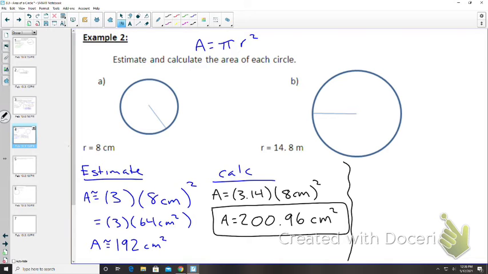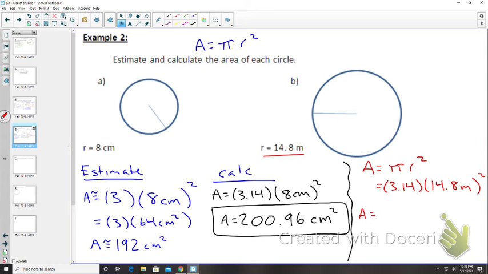All right, so let's move on to circle B. We know we have a radius of 14.8 meters, so we can just go ahead and plug this into our formula. Area is equal to pi r squared. Our radius is 14.8 meters squared.